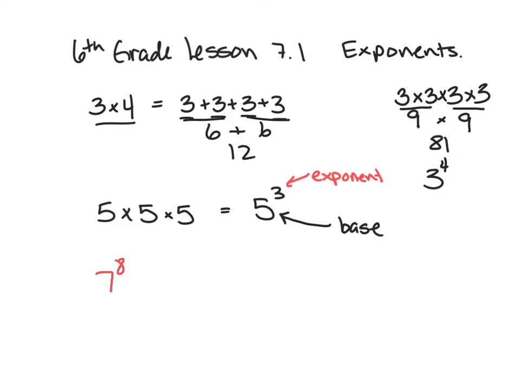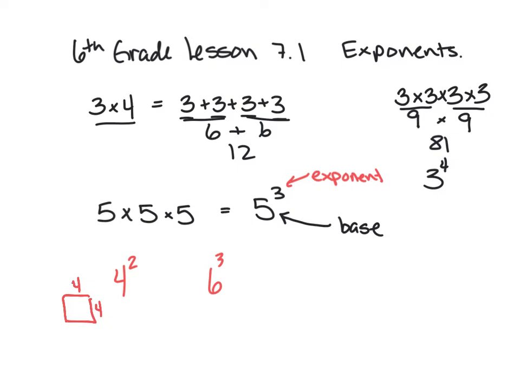There are 2 times where you might hear it pronounced differently, and that is anything to the 2nd power or anything to the 3rd power. Sometimes you will hear people say things to the 2nd power as squared, mostly because if you have a square and you multiply length times width, it's going to be the same amount.